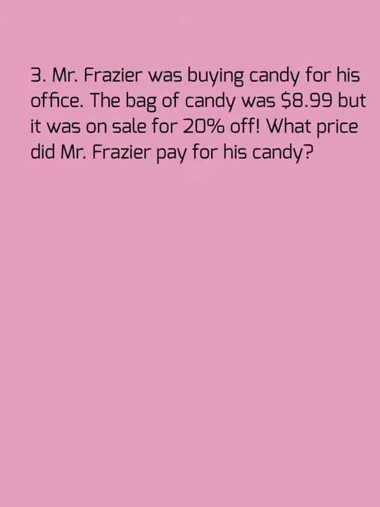Okay, number 3, Mr. Frazier was buying candy for his office. The bag of candy was $8.99, but it was on sale for 20% off. What price did Mr. Frazier pay for his candy? So I see that the original price is $8.99.